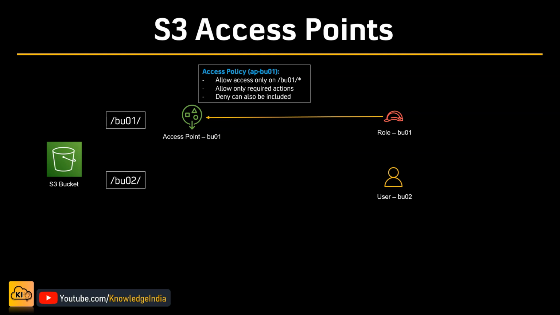I'll show you by doing this, but you can specify that, let's say, read and write, or S3 PutObject or S3 GetObject, is allowed only on a particular folder. In this case, it is the BU01 folder, right? So basically, if role BU01 tries to write to another folder, BU02, that won't be allowed. It is also possible to write deny statements.